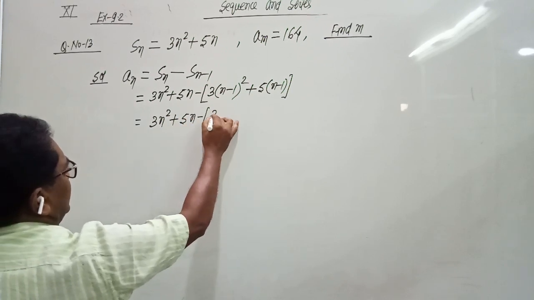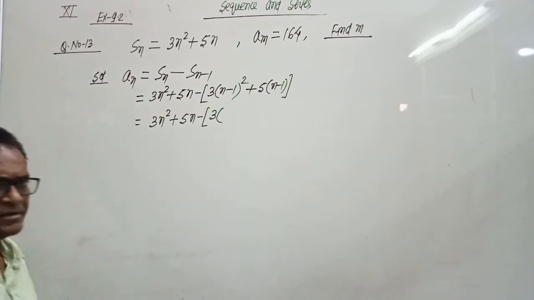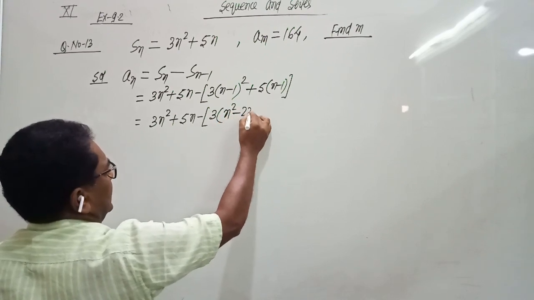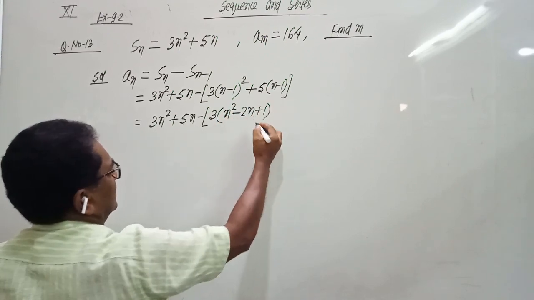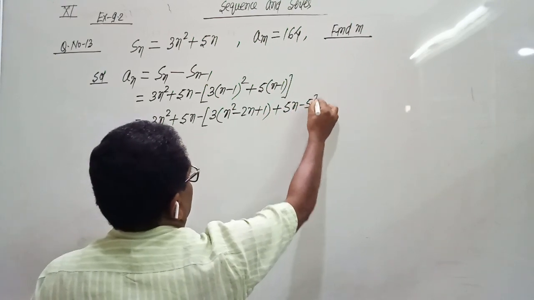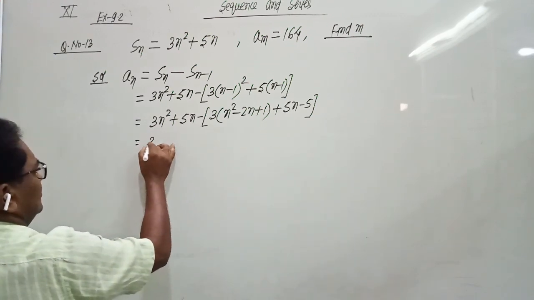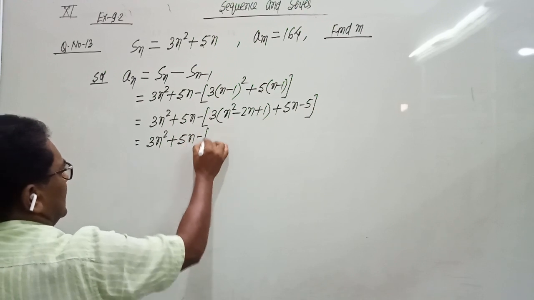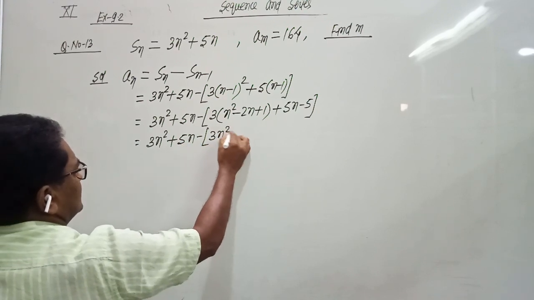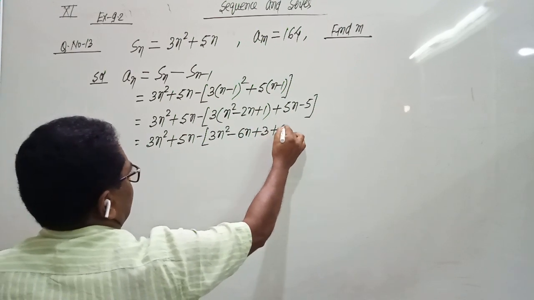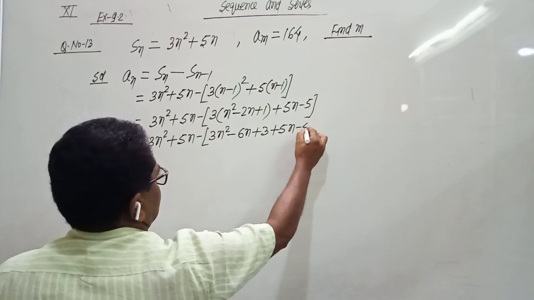minus 3. Remove the bracket by the formula (a minus b) the whole square: n square minus 2n plus 1, and plus 5n minus 5. Then 3n square plus 5n minus 3n square minus 6n plus 3 plus 5n and minus 5.